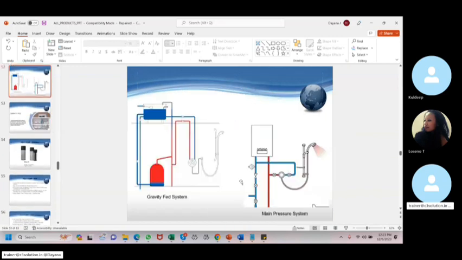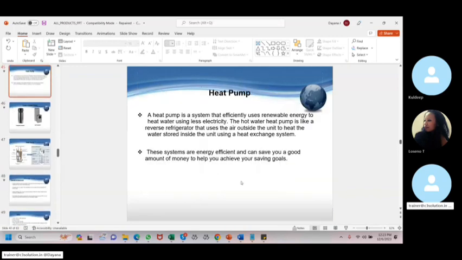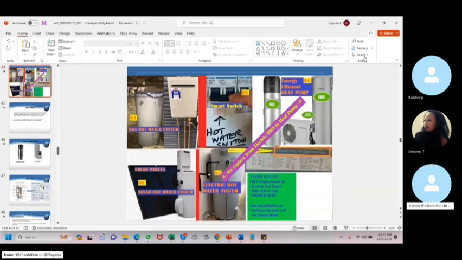If that instant hot water system is connected with gas, then it is an instant gas hot water system.